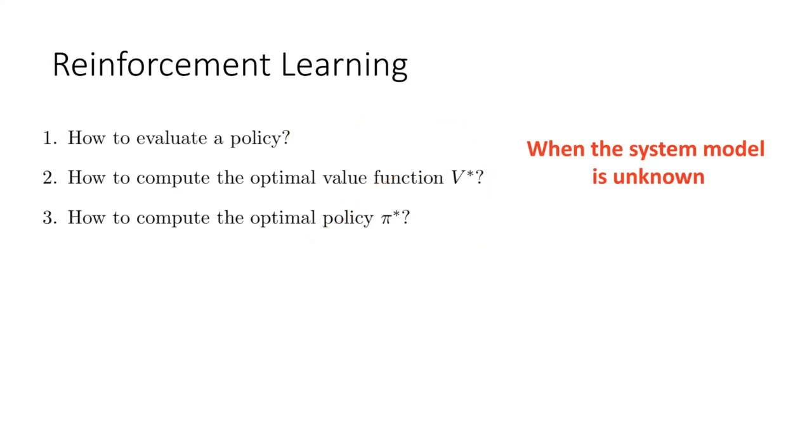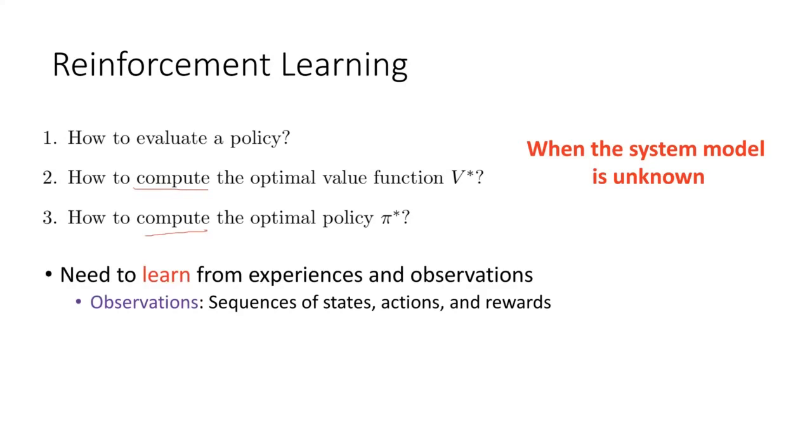So we are going to change the computation part here to learning. We want to answer these three questions, assuming that we don't know the rewards and we don't know the transition probability. What we have is the observation of the sequence of states, actions, and rewards. We are going to use this sequence of observations to learn the optimal value function or optimal policy.